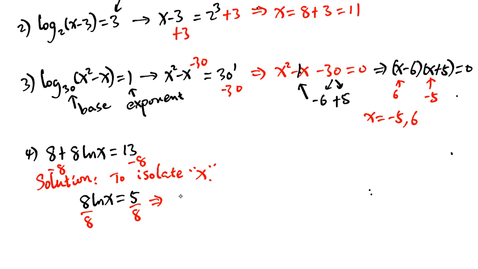What you get is natural log x equals 5 over 8. Natural log means the base is e, the Euler constant.